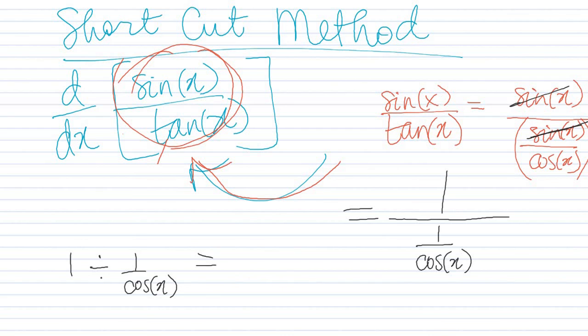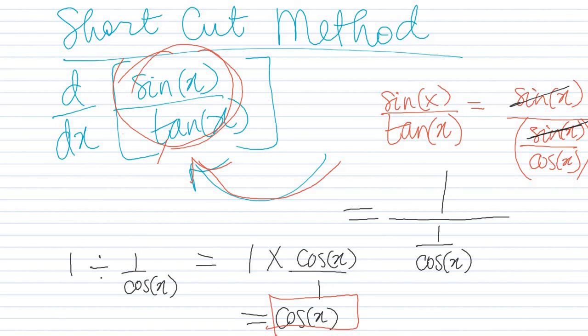That's the same thing as 1 multiplied by cosine x divided by 1. So our answer is cosine x. So now that we already have the simplified version of the function, we can go ahead and solve for the derivative of cosine x, which is our simplified version of the function.